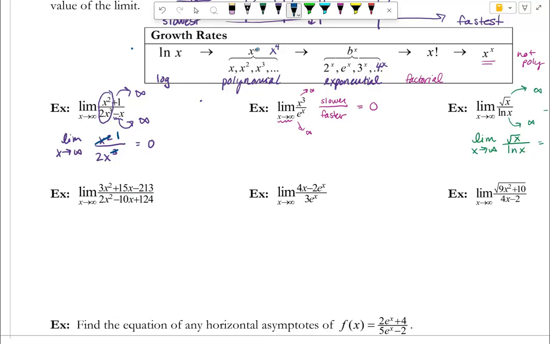Squaring a huge number makes it so much greater than that number itself that it doesn't matter if I subtract 213 from it. It doesn't matter if I add 15 times a huge number to it, because squaring the number by itself is so significant the rest of the values would be small in comparison.